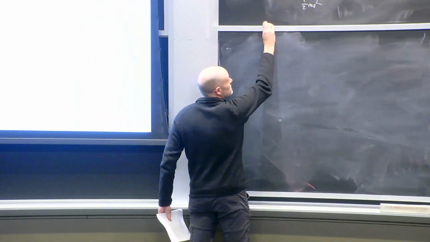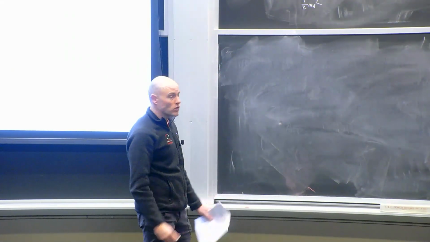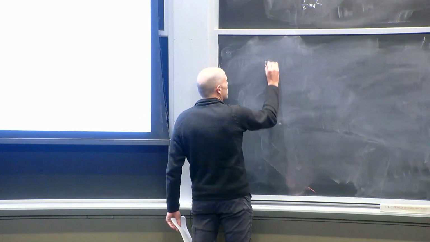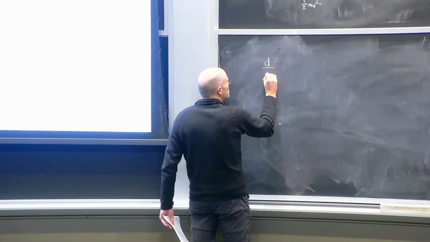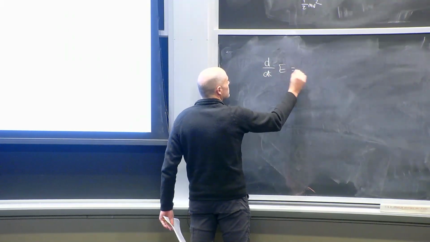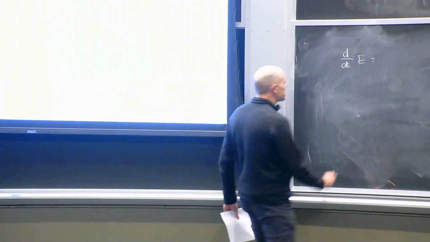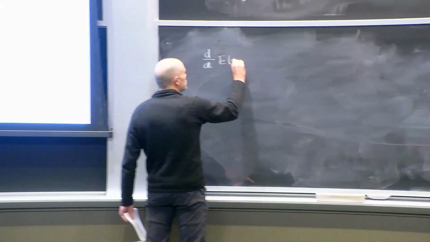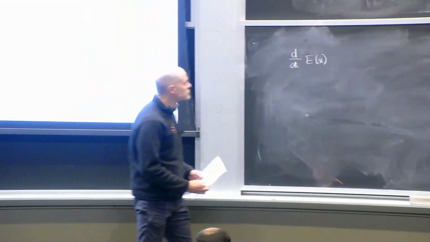Okay, so let's think about how the total energy evolves with time. So what I want to think about is the derivative, let's say d/dt of the total energy. The energy, let me write it explicitly, is a function of the state x, of theta and theta dot.